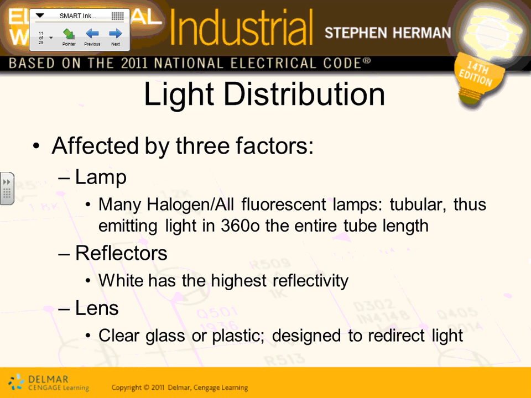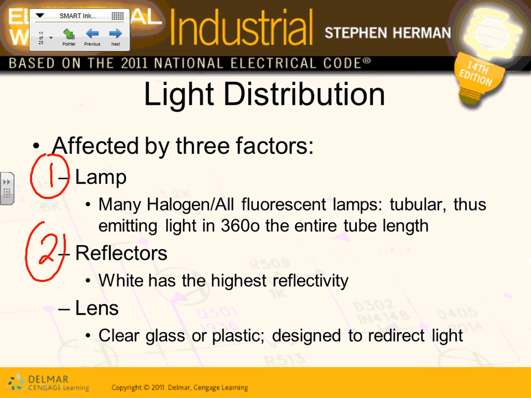Lamp distribution is affected by three factors: lamps, reflectors, and lenses. First, what type of lamp do you use: high intensity discharge, halogen, whatever. Number two, the reflectors they're going to use to direct the light. Do you remember we have diffusers and reflectors, from ones that give you 360 degrees to ones that give you only 80 degrees?